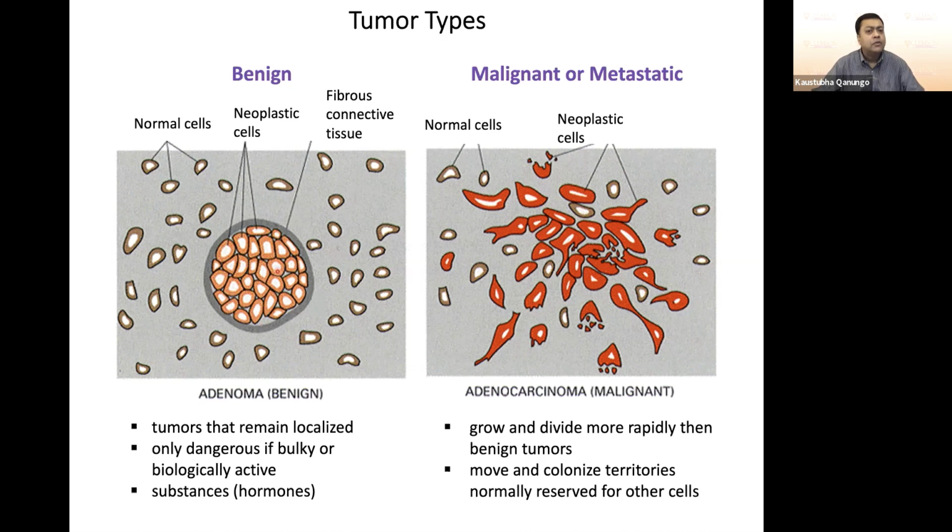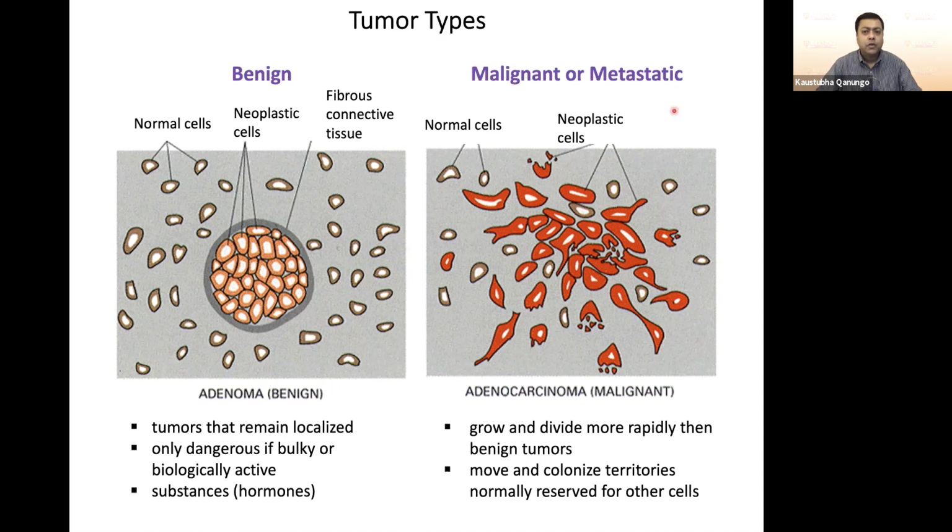But the doctors actually do remove those, not because they will become dangerous or bulky, which very well they may be, but because the chances of these cells becoming cancerous is much higher compared to a normal cell. So just to make sure that these benign tumors do not later convert into a cancerous tissue, we remove those.